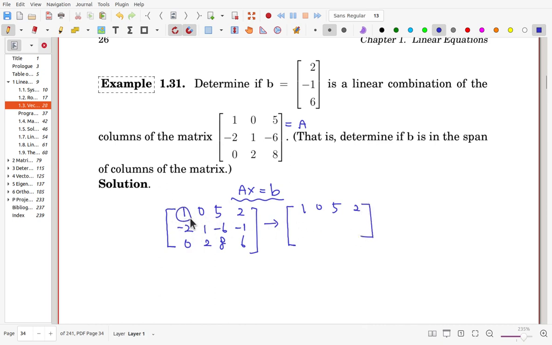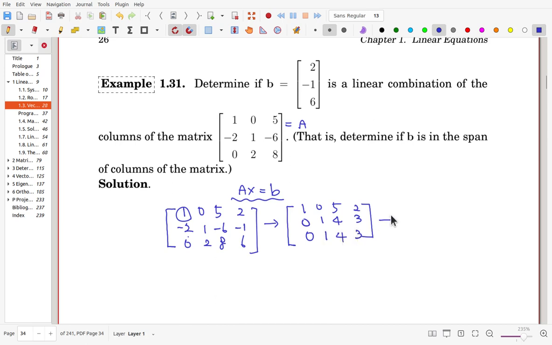Always, once we start with a pivot, below the pivot must be empty. So twice is added, then it's 0, and that is a 3. And that row is now divided by 2. We have here 1, 4, 3.